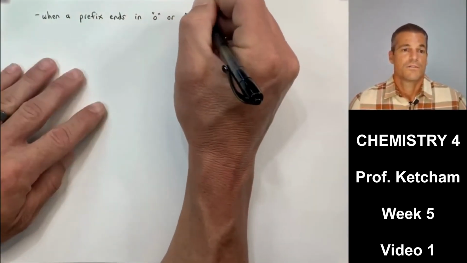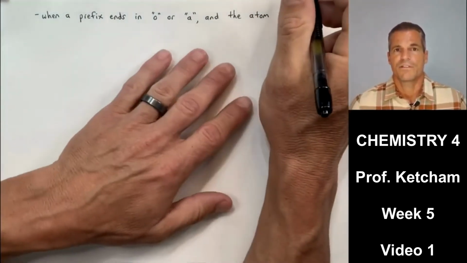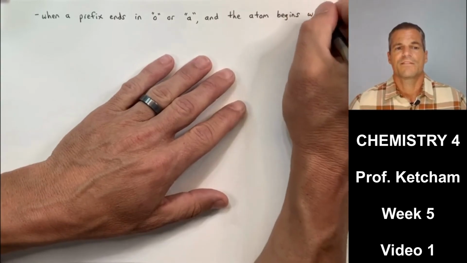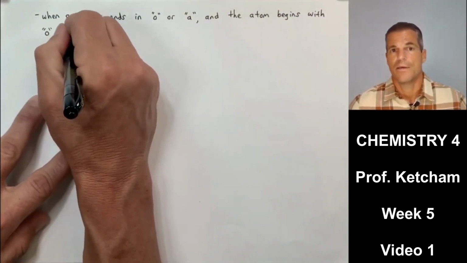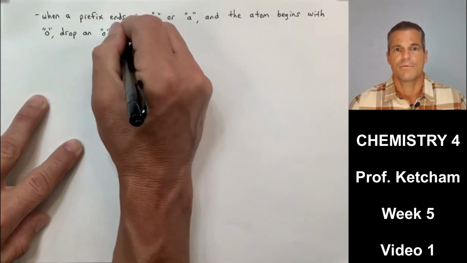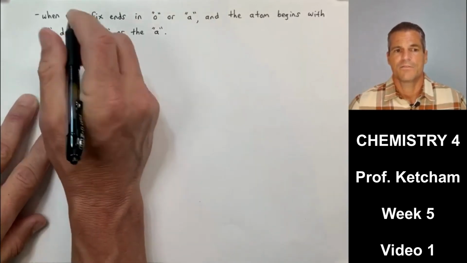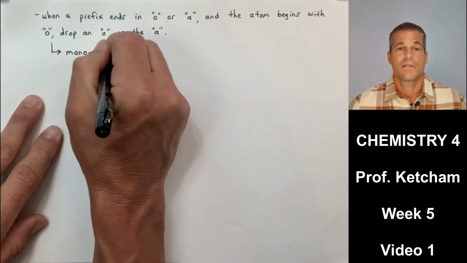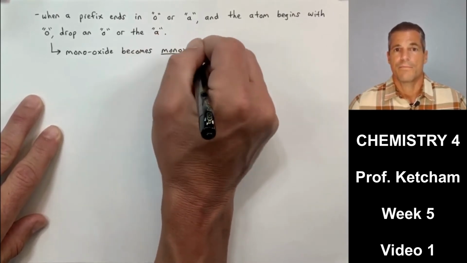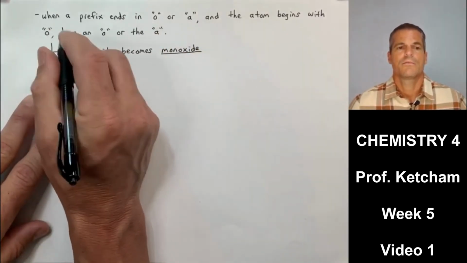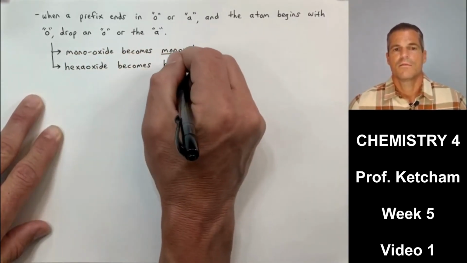All right. So moving on to page 2 of our notes here. Just a few more notes on prefixes. When a prefix ends in O or A, like mono and hexa, for example, and the atom begins with O, like oxygen, we drop one of the O's or we drop the A. So monooxide becomes monoxide.